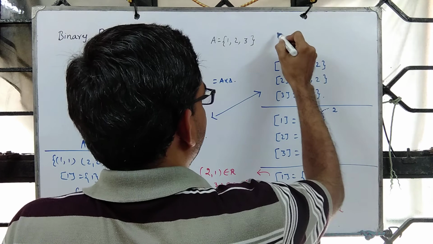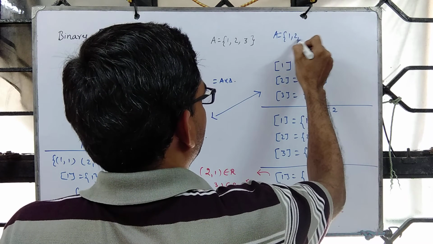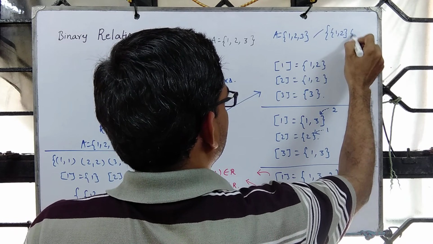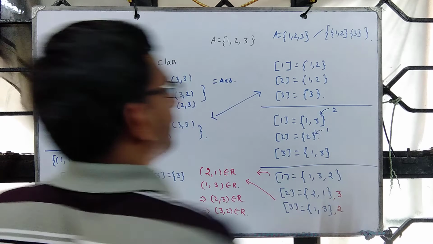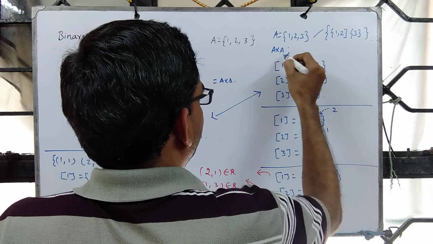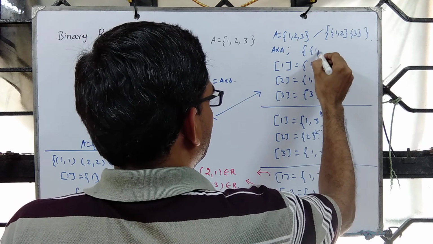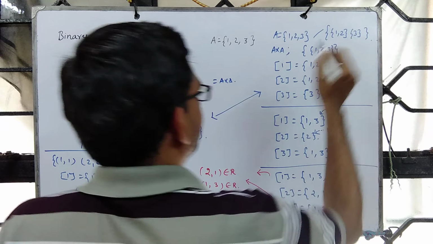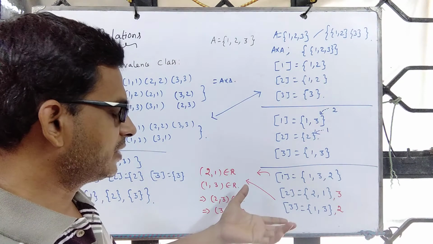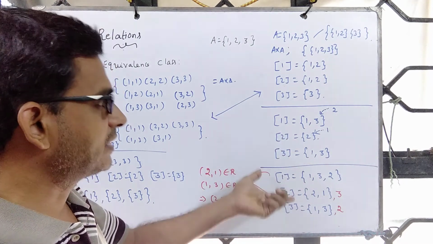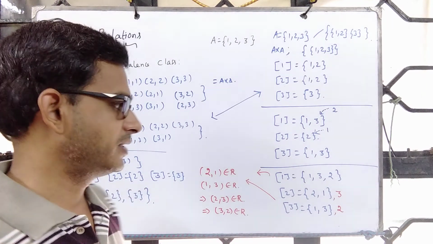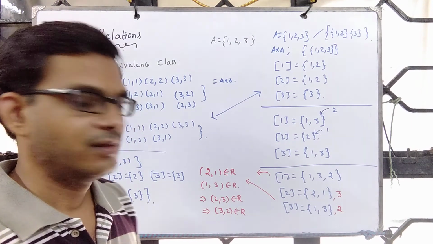This equivalence class is trying to represent the set like this. If you look at A cross A, it is trying to represent {1, 2, 3}. So it tells you something. The set of equivalence classes and the underlying set have some nice, interesting relation. What is that? We shall discover next.